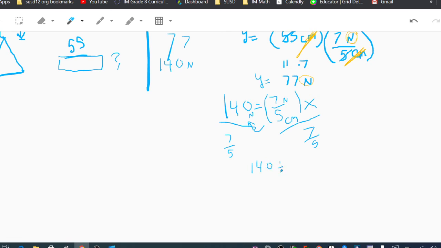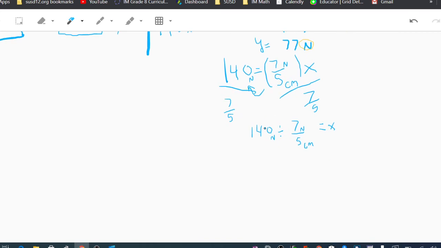So what I get is 140 newtons, I'll put my units there, divided by 7/5. And remember the units of that was 7 newtons per 5 centimeters. That equals x. Are you good at dividing with fractions? Do you remember that when you divide a fraction, you need to multiply by the reciprocal?